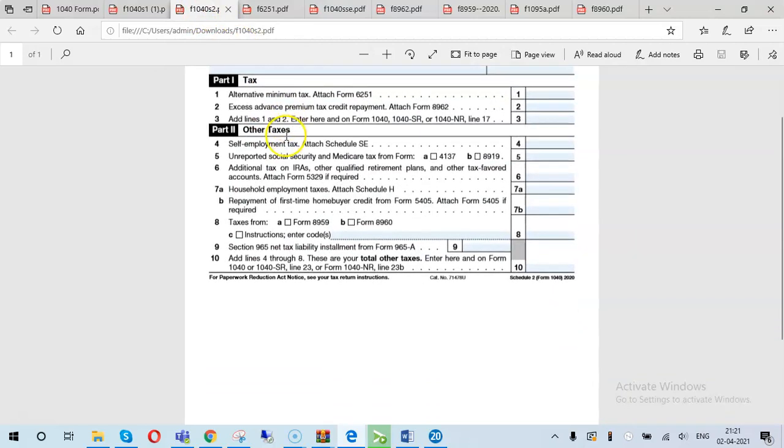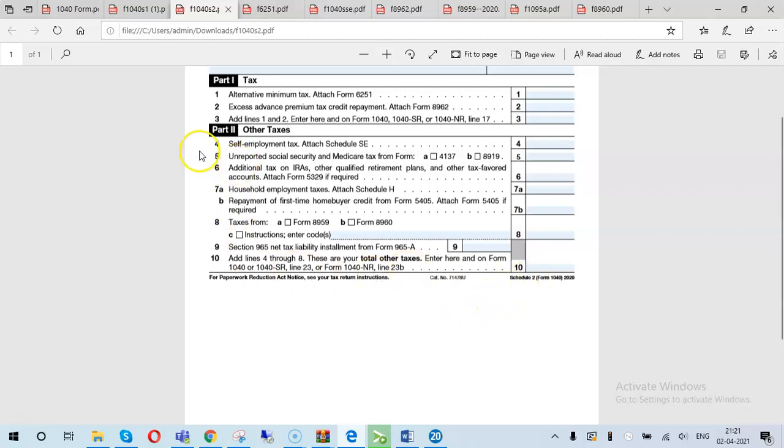Now Part 2: self-employment tax, unreported Social Security or Medicare tax, additional taxes on IRA, household employment taxes from Schedule H, repayment of first-time home buyer credit from 5405, taxes from Form 8959, Form 8960, Section 965 net tax liability installment from Form 965.